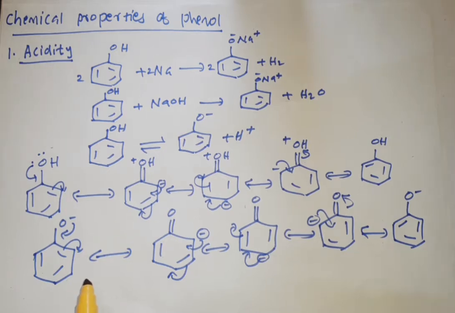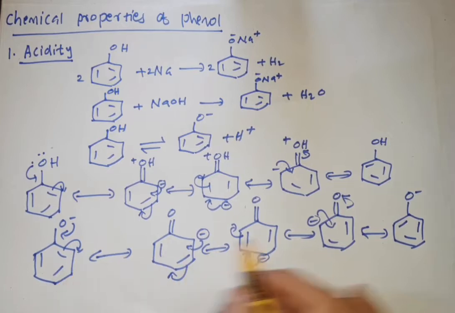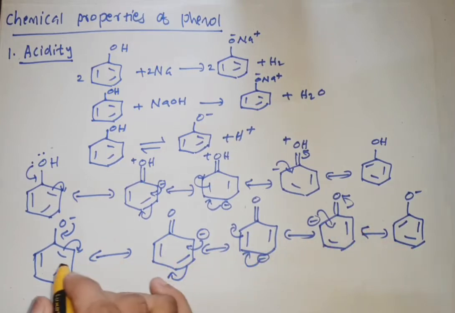In the phenoxide ion, the negative charge is spread or dispersed throughout the benzene ring and there is no charge separation. But in the case of phenol, the resonating structures contain charge separation.